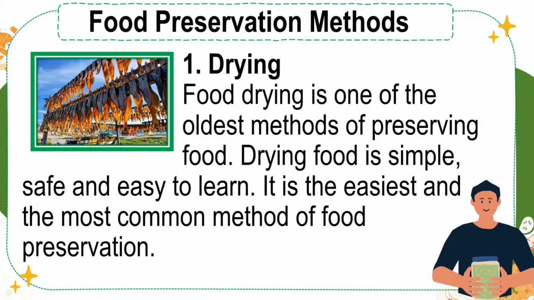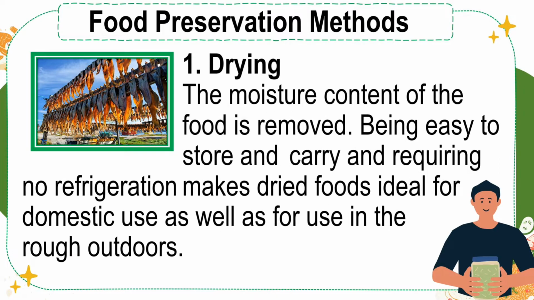Food drying is one of the oldest methods of preserving food. Drying food is simple, safe, and easy to learn. It is the easiest and the most common method of food preservation. The moisture content of the food is removed.